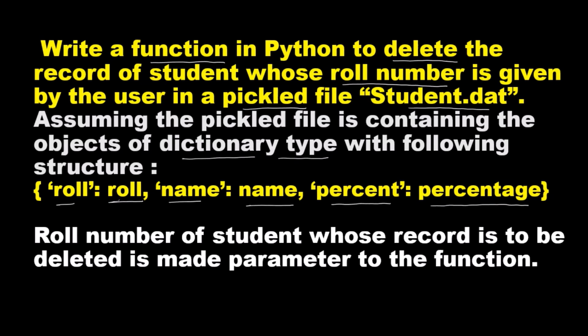The roll number of the student whose record is to be deleted should be made a parameter to the function. So let's write code for the function.